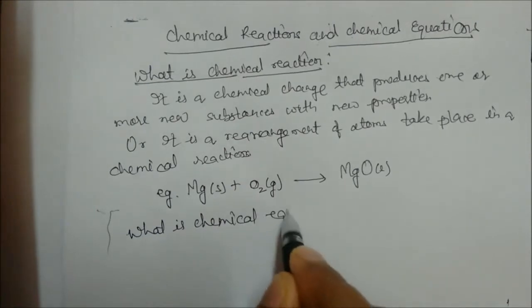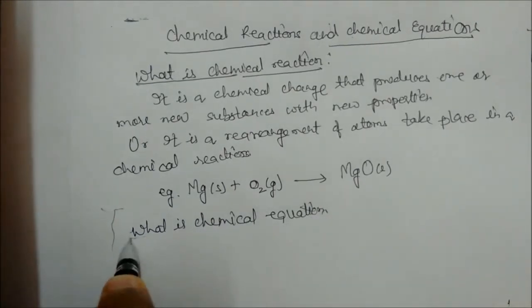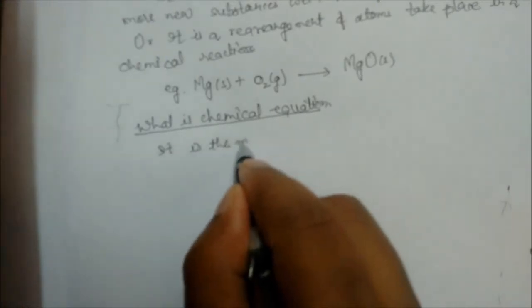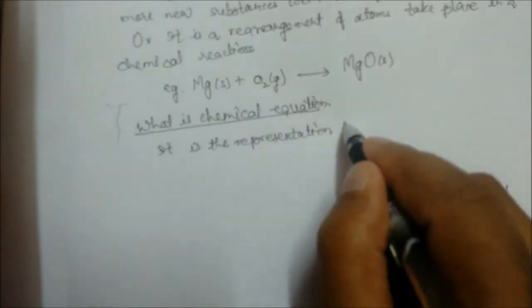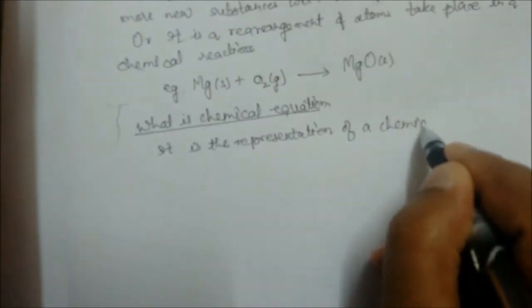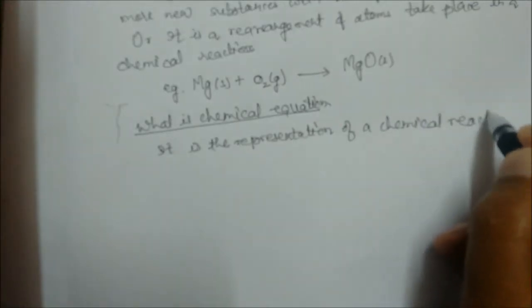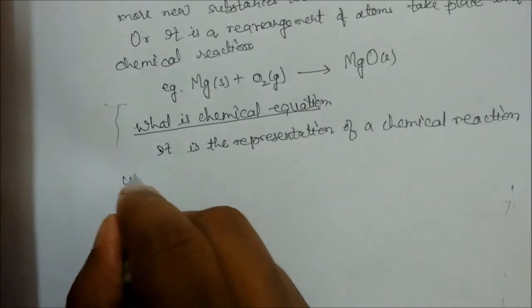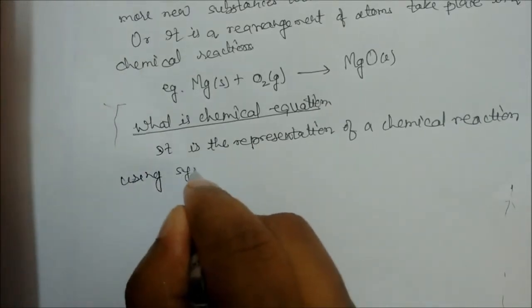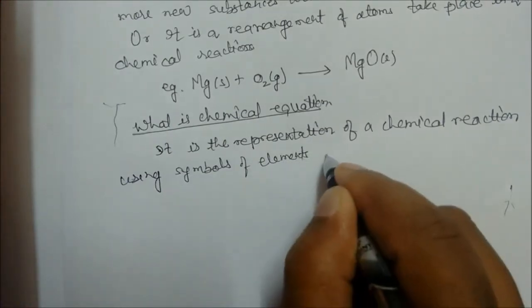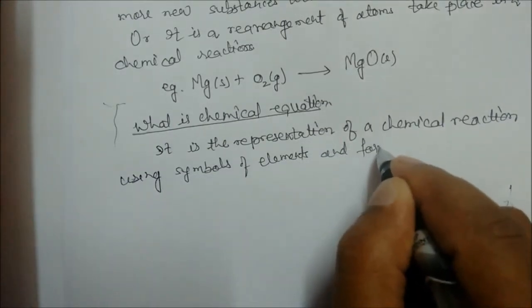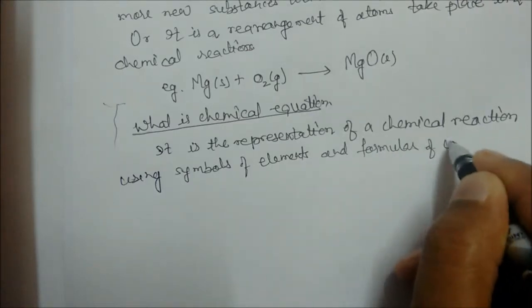Now second, what is a chemical equation? It is the representation of a chemical reaction using symbols of elements and formulas of compounds.